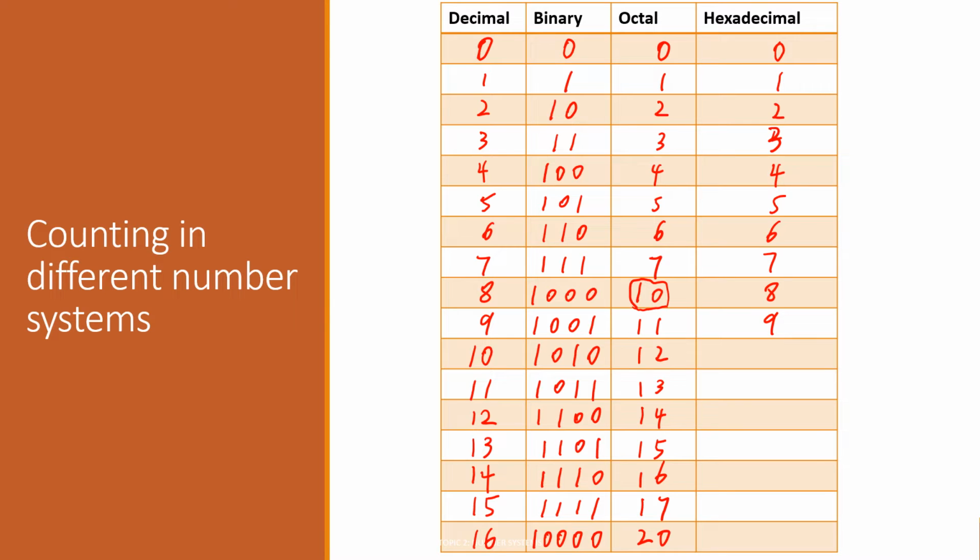We don't need 10, actually we have a letter here: use A to represent 10, then B C D E F. After F, no more number to represent, so we have to carry to the next bit by 1. So after counting to 15 we need to carry to the higher bit. So 1 0 in hexadecimal corresponds to 16 in decimal. So that's how we count in different number systems.